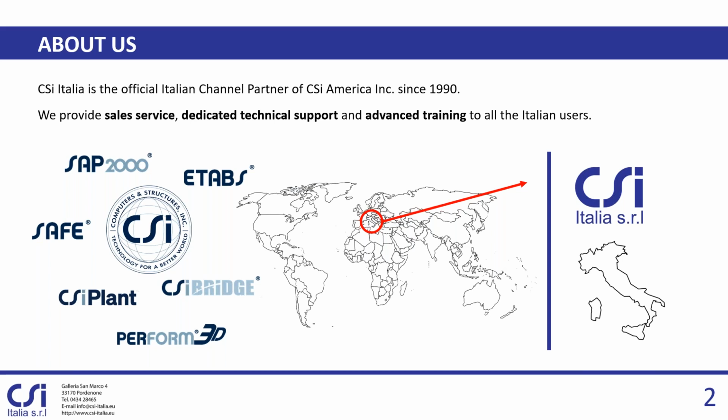CSE Italia is the official channel partner of CSI America since 1990. As we all know, CSI America is the developer and the distributor of the most advanced programs for the finite element analysis of buildings, civil structures, and infrastructures, like SAP2000, ETABS, and CSI Bridge, that have been used worldwide to design the most iconic buildings of the modern era.